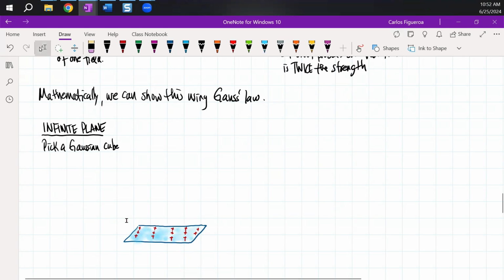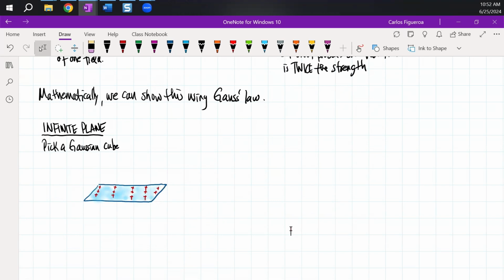So if I come in here and I look at this field, what I want to do is put that cubic Gaussian. So let's say that I have a Gaussian that's going to look something like this here. I'm going to do this, and then I'm going to go back like this. Then I'm going to do the exact same thing here. And it looks like I'm going to have to extend my surface here. But ultimately, this is what we're trying to do.